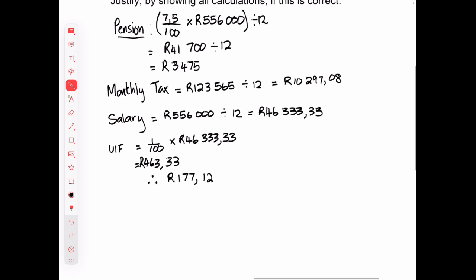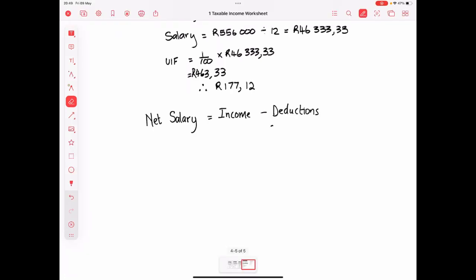Okay, let's look at the next part. We're looking at our net salary. So now we're coming to the final part of the question. So just remember, net salary is equal to your income minus your deductions. So what will I get left with after my deductions? Okay, so here we're going to go income, which is 46,333 Rand and 33 cents.